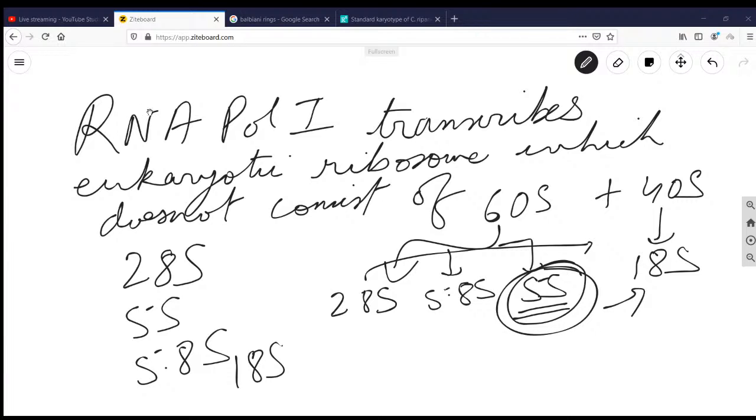Coming to the next question. What are the structures called that give an appearance of beads on a string in chromosomes when viewed under an electron microscope? A very easy question, this one. Beads on a string, 38th question.